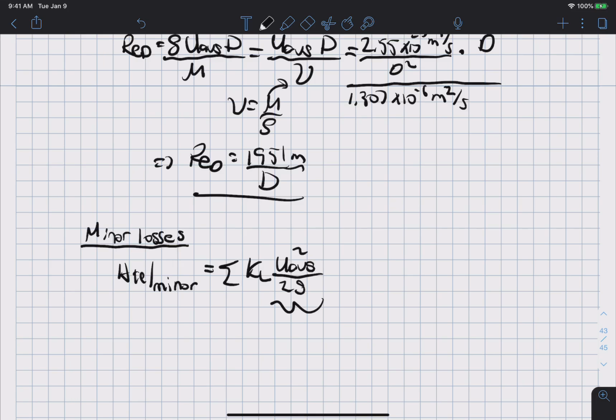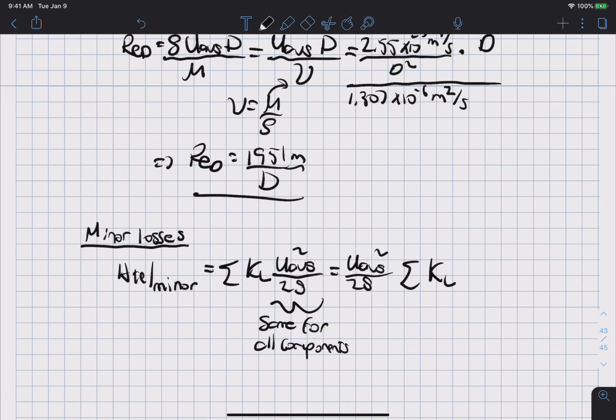And for this, U average squared over 2g is the same for all components, which means that we can yank that out, and this equals U averaged squared over 2g times the sum of the loss coefficients.